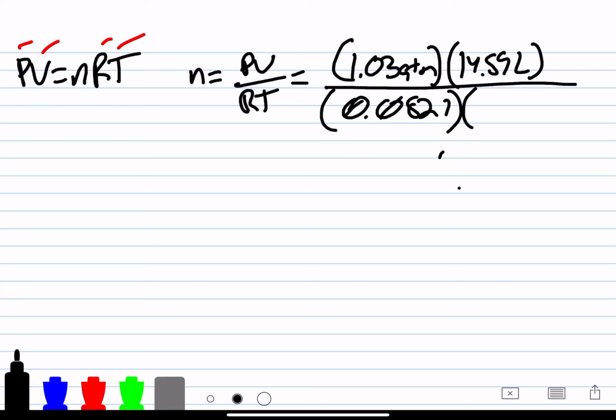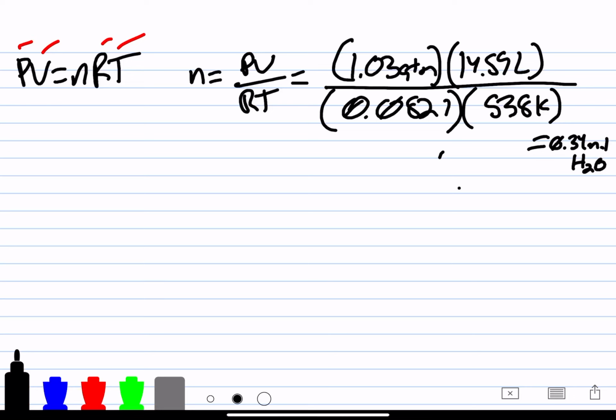It needs to be in Kelvin, so we just take the 265 and add 273 to it, and that is going to be 538 degrees Kelvin. So when we multiply that through, we are going to end up with 0.34 moles of H2O.